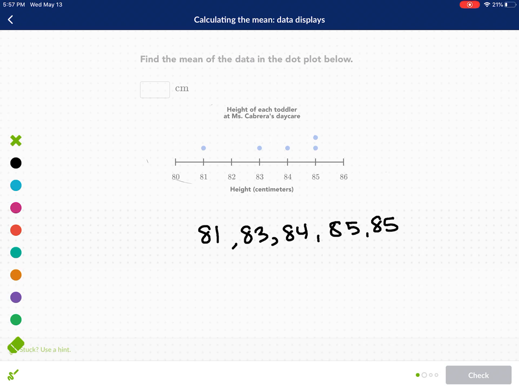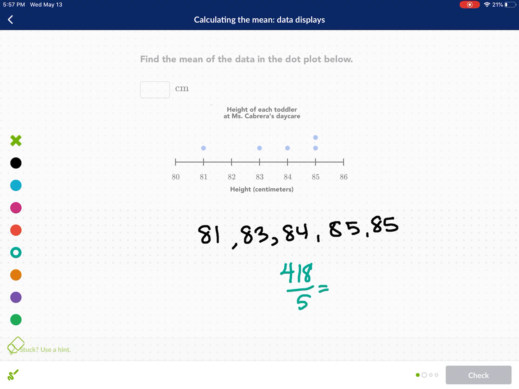So, all right, let's see. Now that I've erased all that. All right, so we need to find the sum of those numbers. So I'm just going to use a calculator. 81 plus 83 plus 84 plus 85 plus 85 equals 418. There were a total of 5 toddlers.